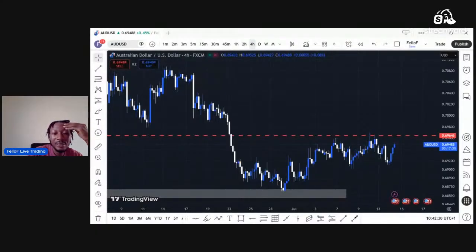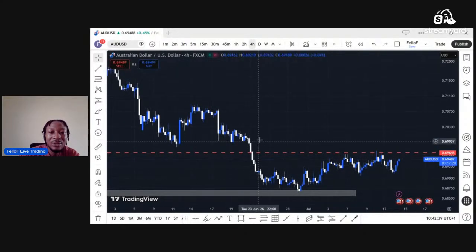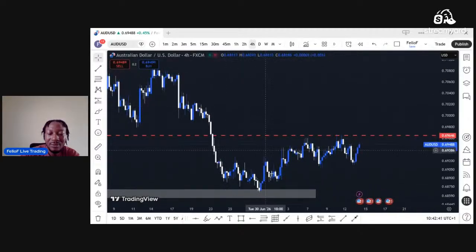Okay, so this is AUD USD, right? And looking at AUD USD, I have a trade on this pair. I took it since last week, and it's very slow. But well, we have been in profit for a while.